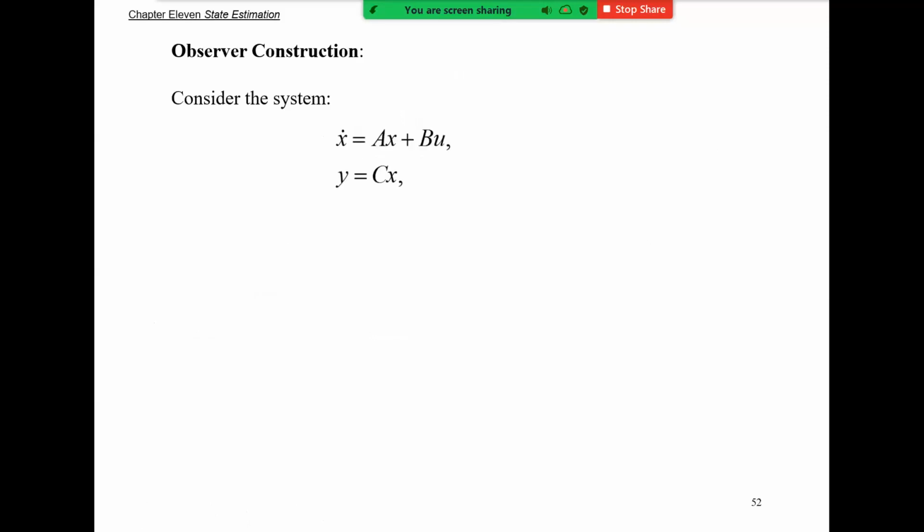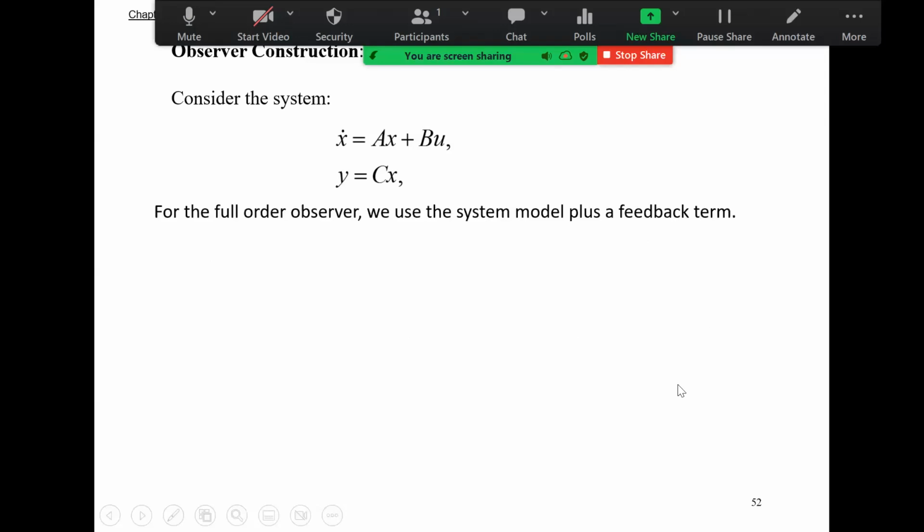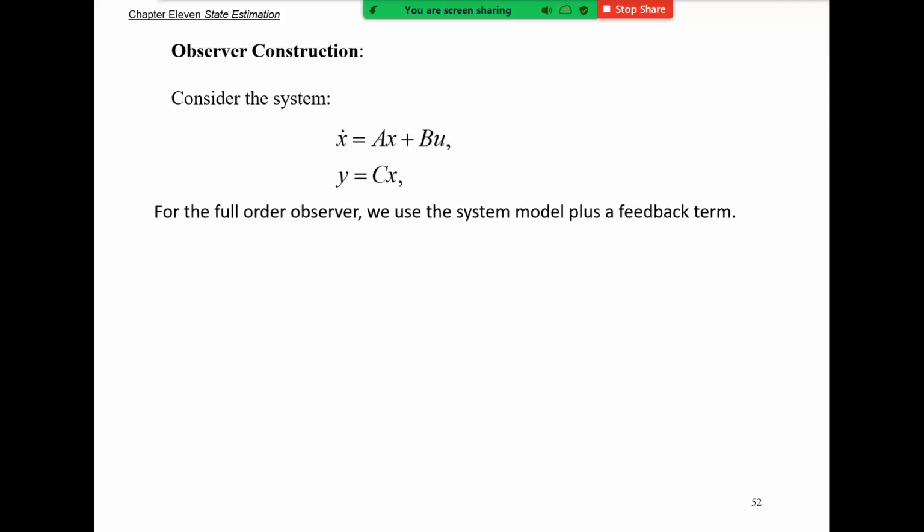Now let's see how we're going to construct the observer. Let's do it step by step. First, we consider the system. This is the original model. But remember what we did for the full order observer.